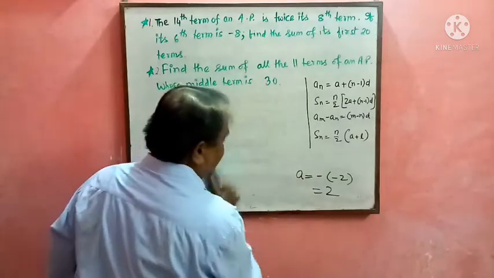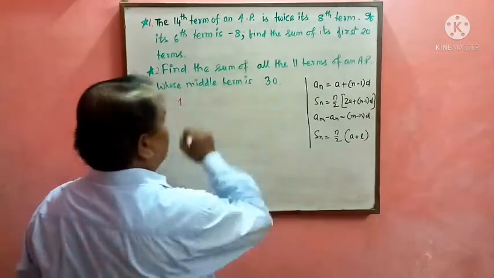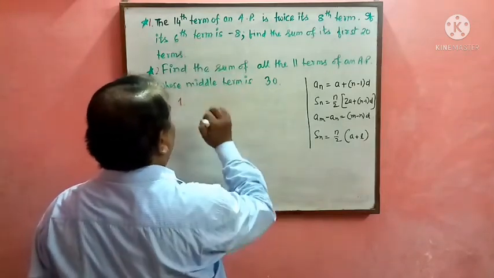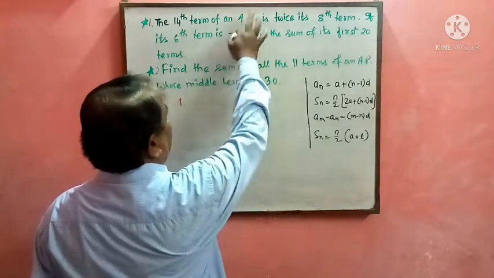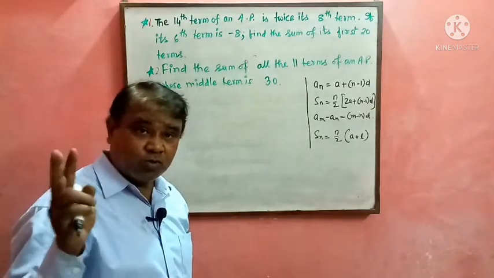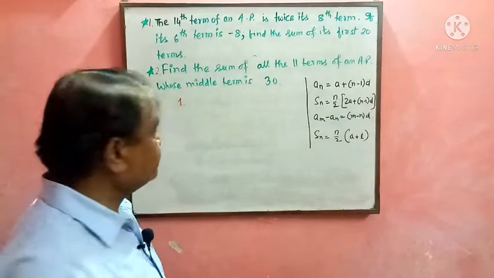Now you see here, the 6th term is given, this is A6 is minus 8. From these two relations, we have got A is equal to 2 and D is equal to minus 2.